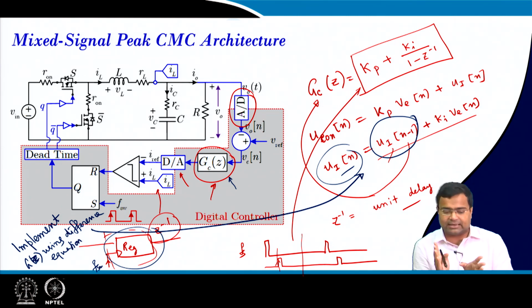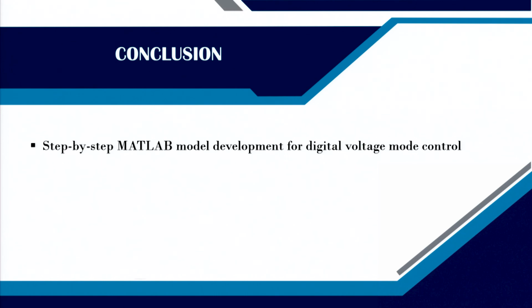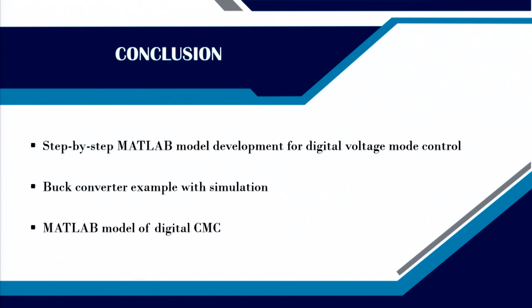In the next lecture we will go further down and implement this controller using a difference equation. So, in summary, we have discussed some aspects of the digital voltage mode control MATLAB model, which was also discussed in the previous lecture. We have shown a buck converter example, and in this lecture we also talked about digital current mode control implementation.